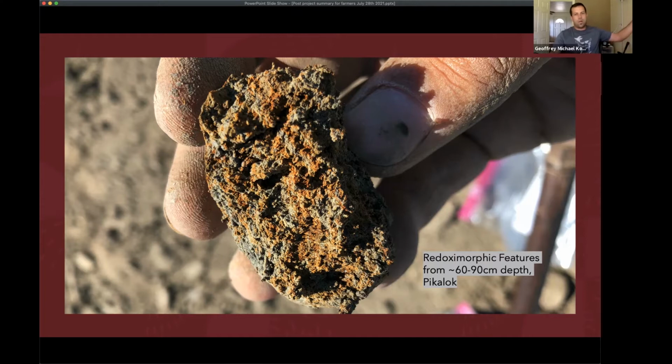You have iron moving down into the soil and then oxidizing and creating these redox features. It's really common in these types of soils where you have these buried clay horizons. And again, it's just evidence of this difficulty with infiltration and water movement, especially a little bit lower in the profile.